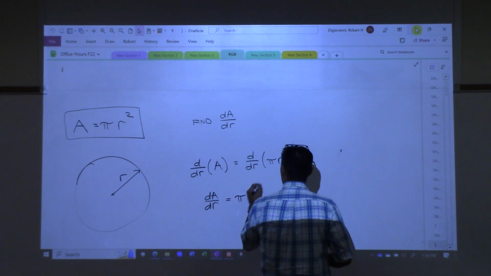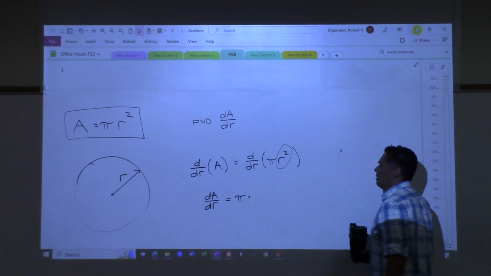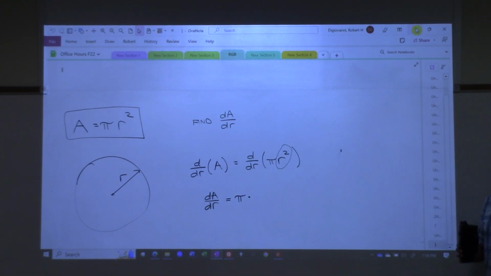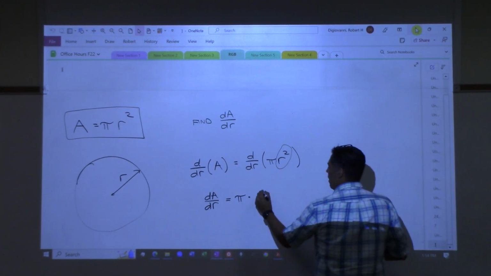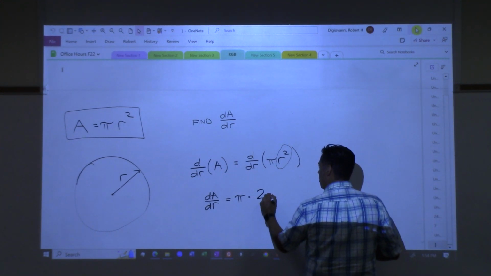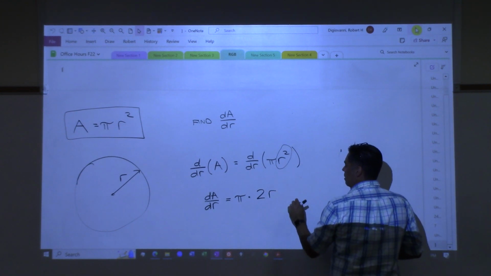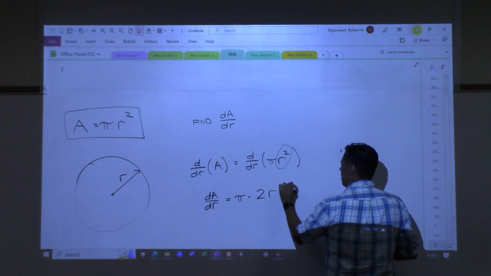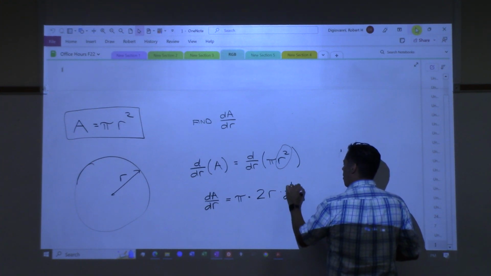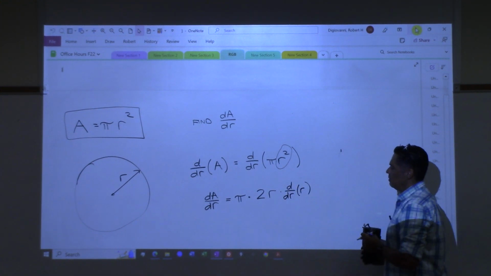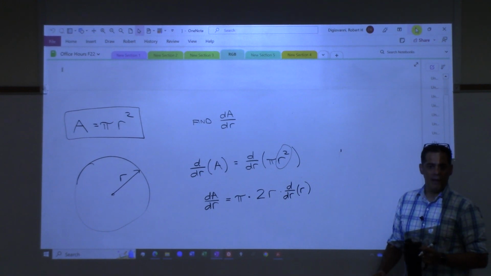And now I need to take the derivative of the r squared. R is a variable, right? Not a constant. So what's the derivative of something squared? 2 times r, right? 2r, and then times the derivative with respect to r of r, which should just be 1, right?